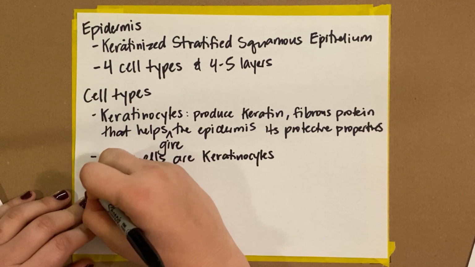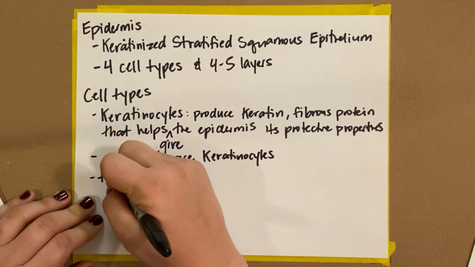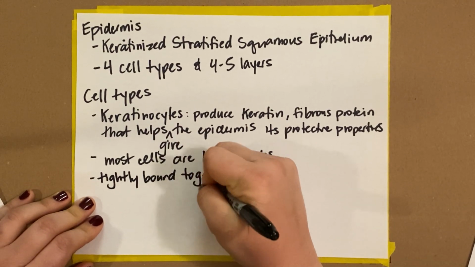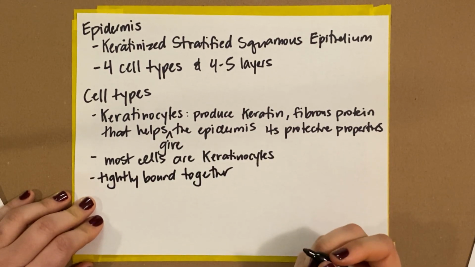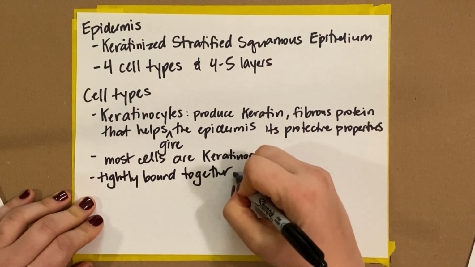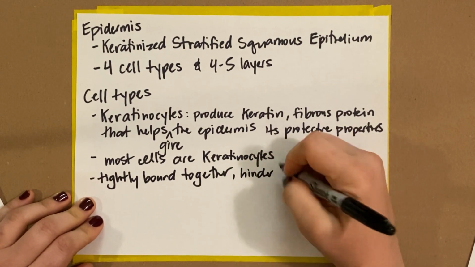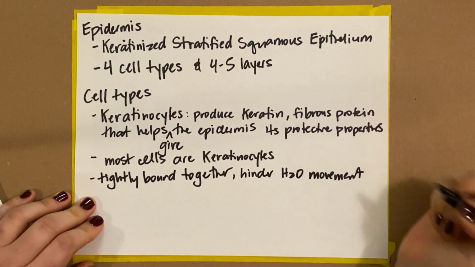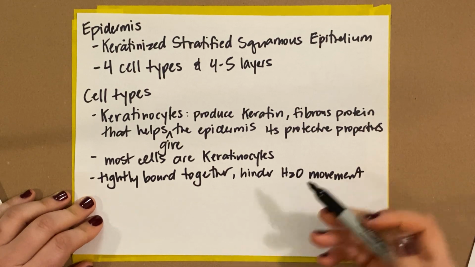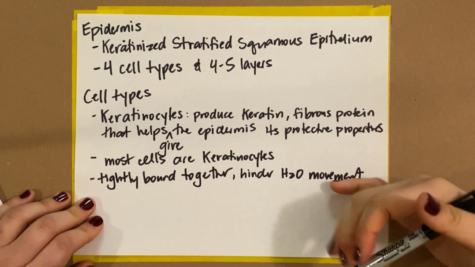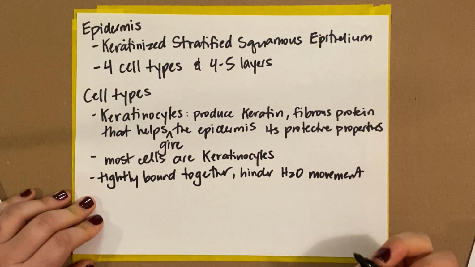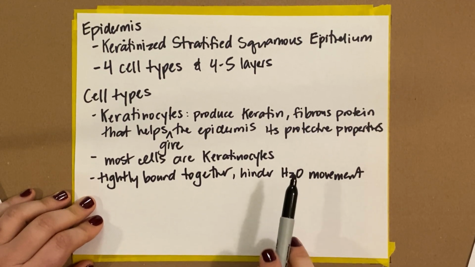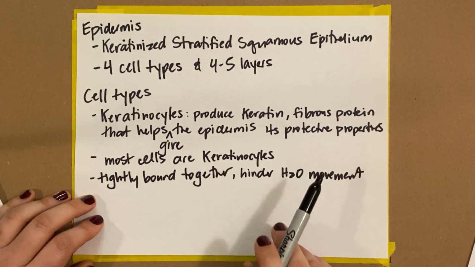Okay, they are tightly bound together. Okay, and so this is going to help hinder water movement. Okay, because one of the main properties of the skin is to keep the water inside of the body and not allow it to leave. So they protect against water loss.